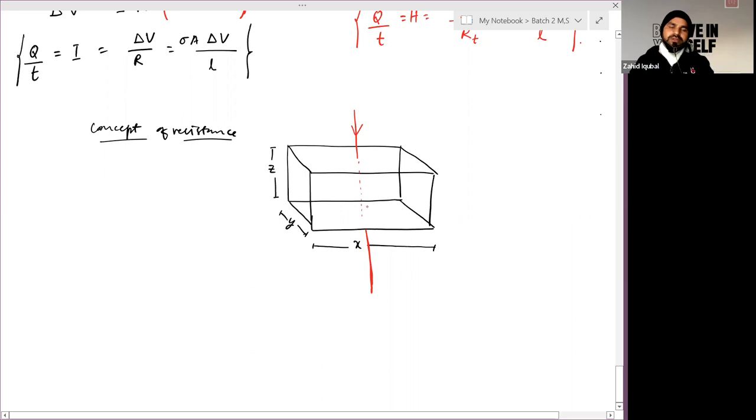So what will be the resistance offered by this particular conductor in this part? Let me define it.